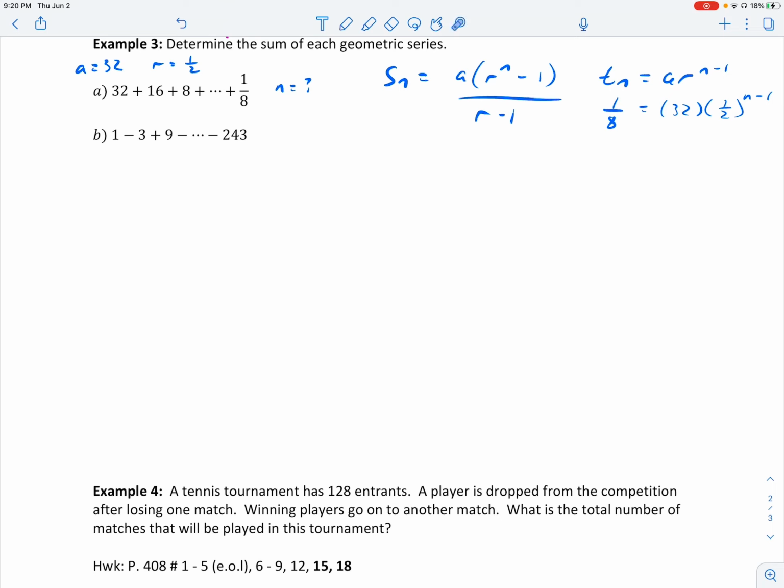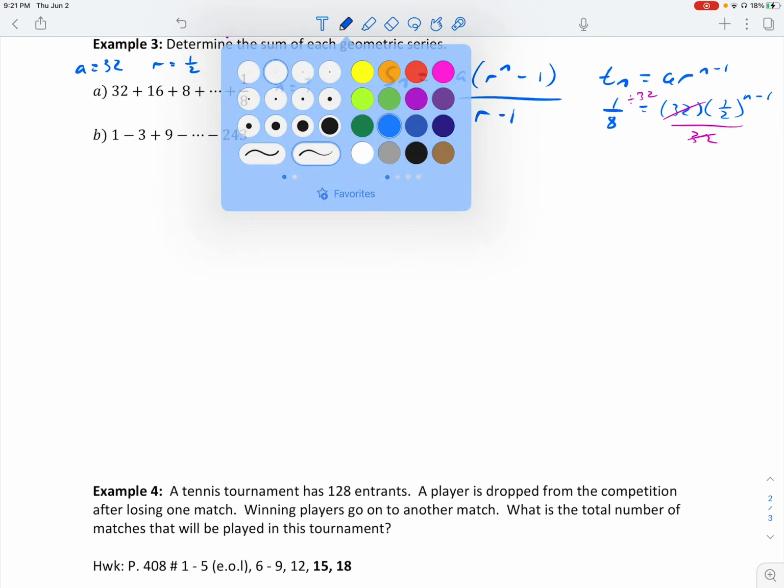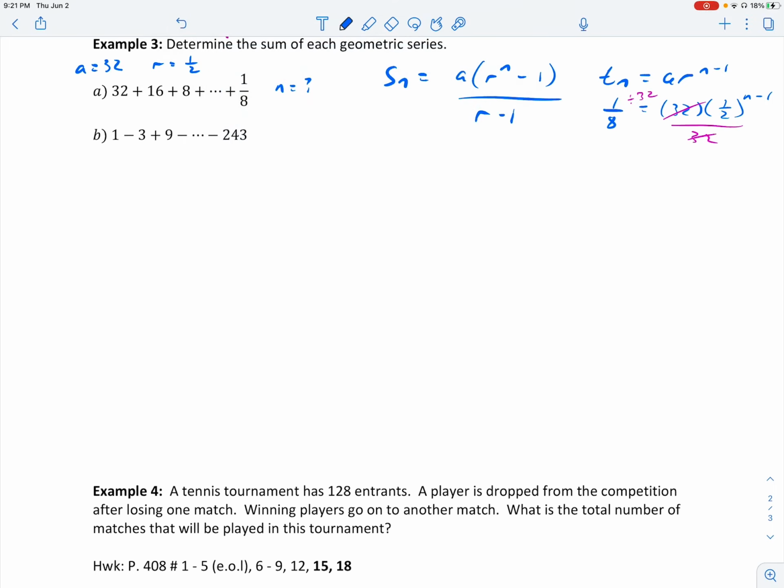Okay, so now we're trying to find the exponent here. That's how we're going to find n, the number of terms in this sequence. So we'll need to divide out 32 first. So divide that side by 32 and then divide this side by 32. So we're actually going to have 1/8 times 1/32, which is going to give us 1/256.